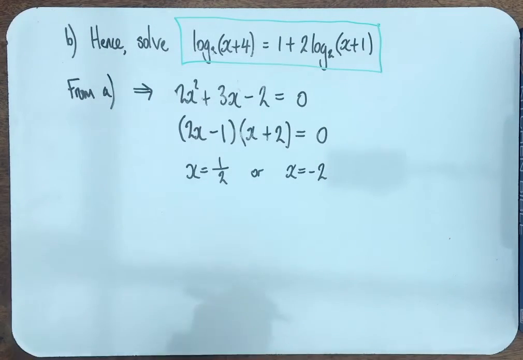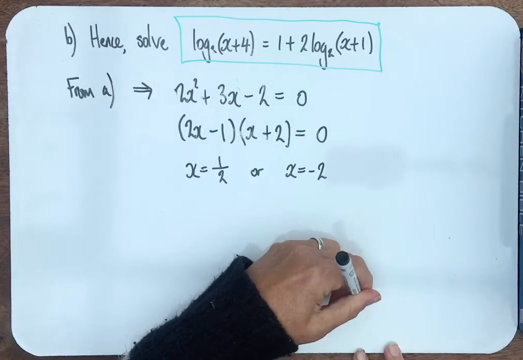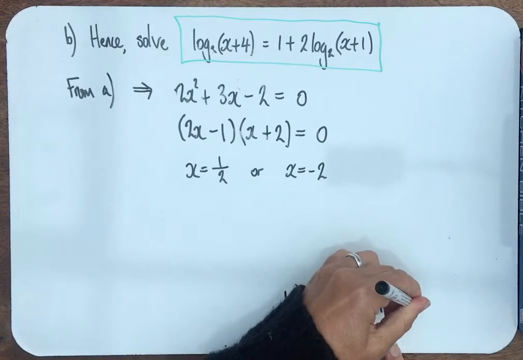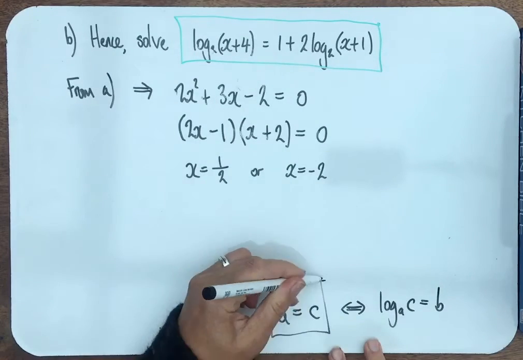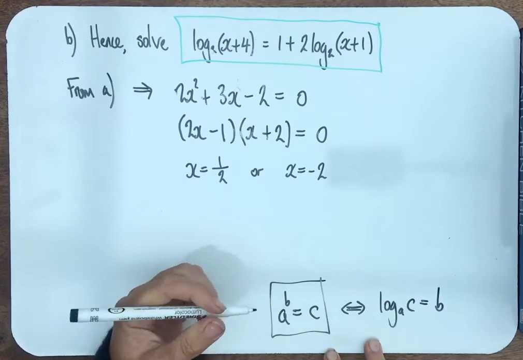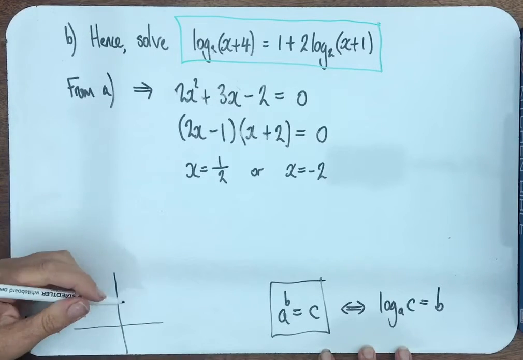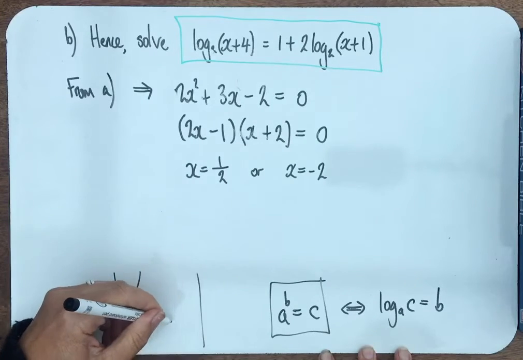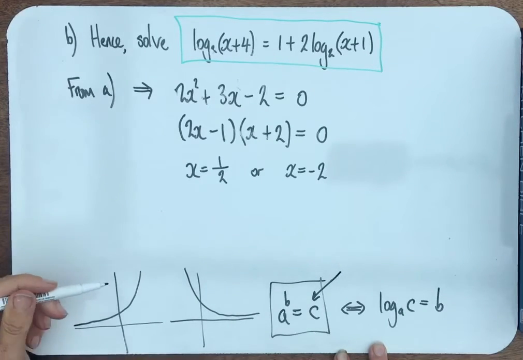We're solving this equation here, and something we haven't spoken about yet is that you can't log a negative number. If you think about it from our first definition of logarithms, if you've got an exponential function of the form a to the b is c, where a is a positive number, then if you think about the sketches of your exponentials, they were either growth or they were decay, but they were always sitting above the x-axis, which means that the value of the function is always above 0.